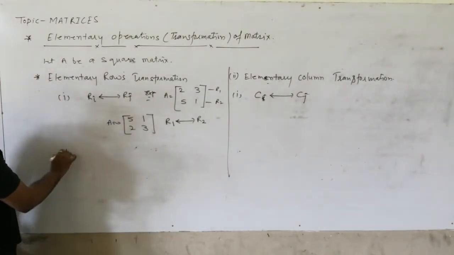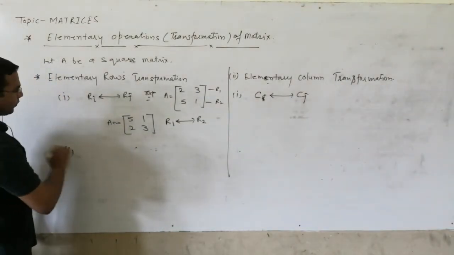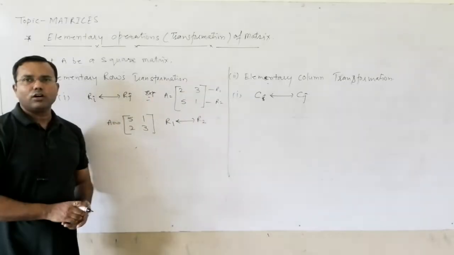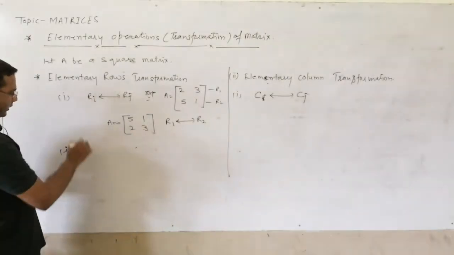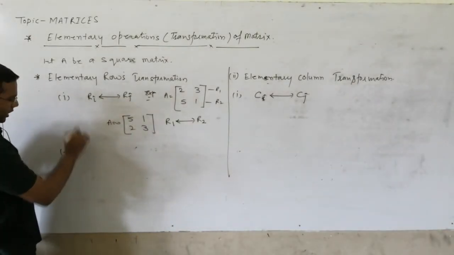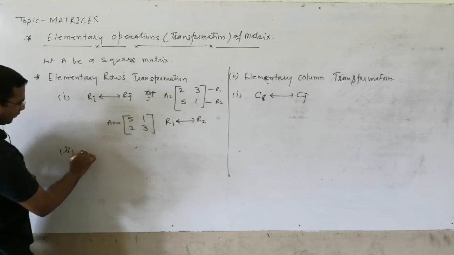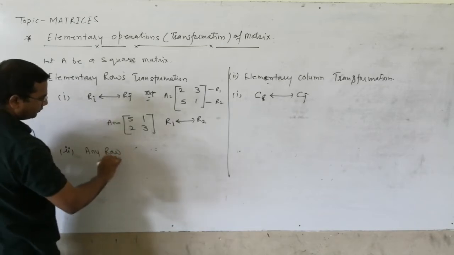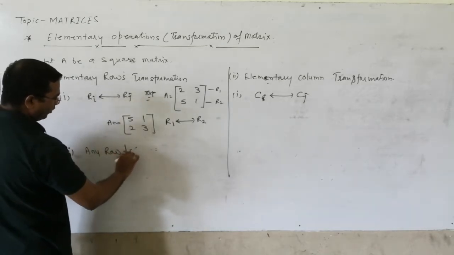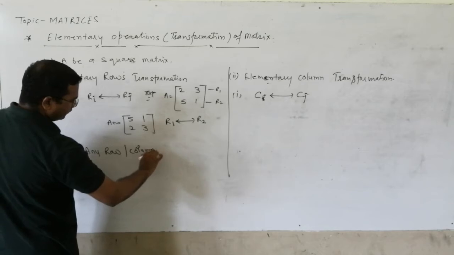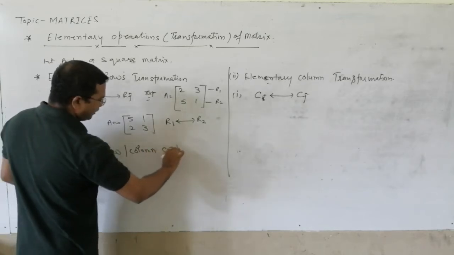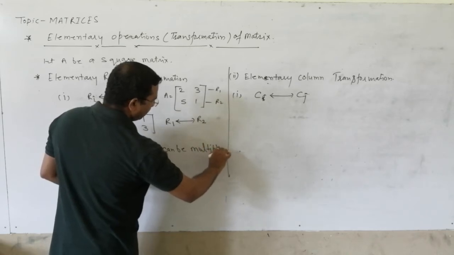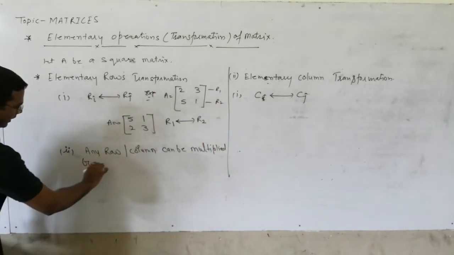The second operation is, student, we can multiply any row or column of a matrix by a scalar. So if you want to write in detail, you can write any row or column can be multiplied by a scalar.